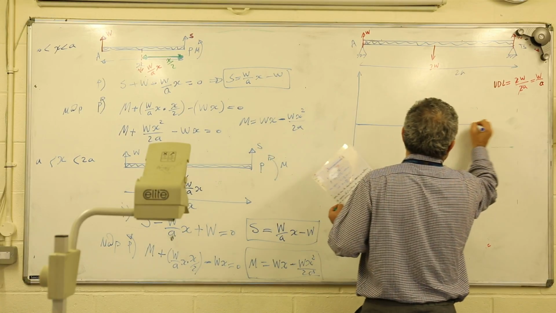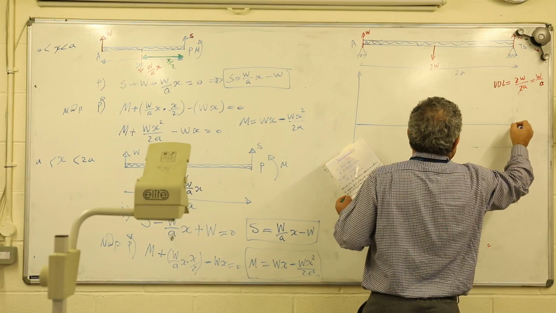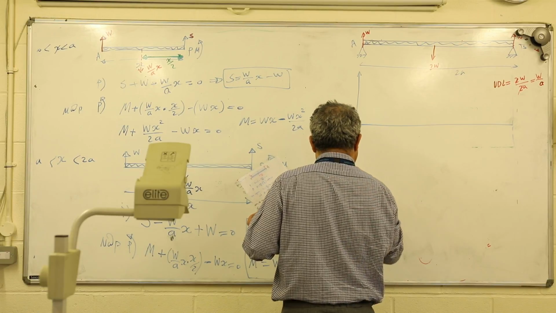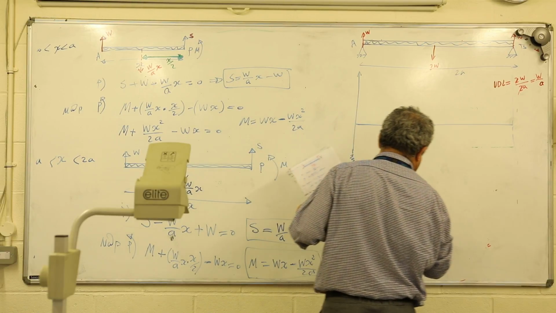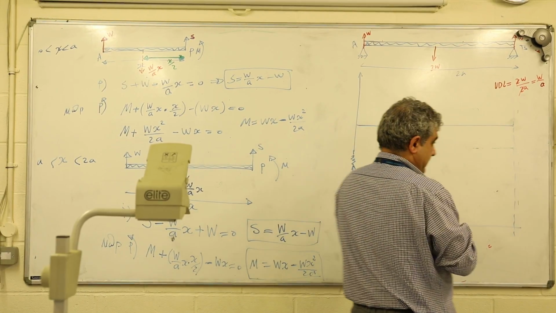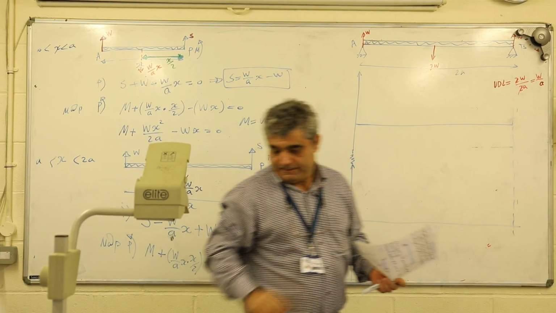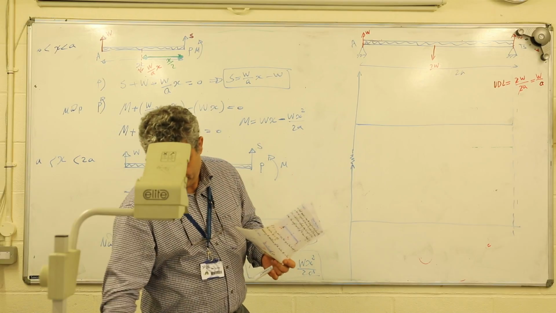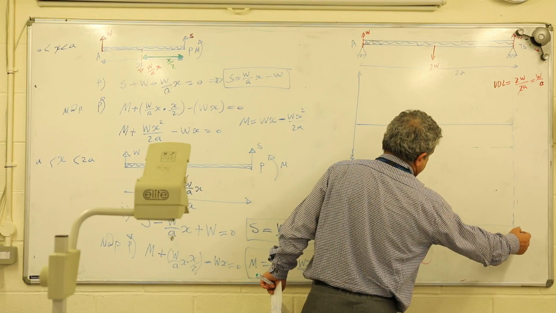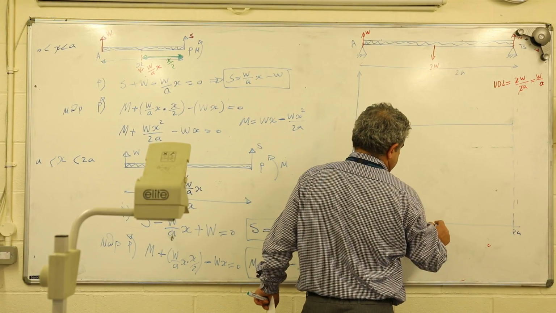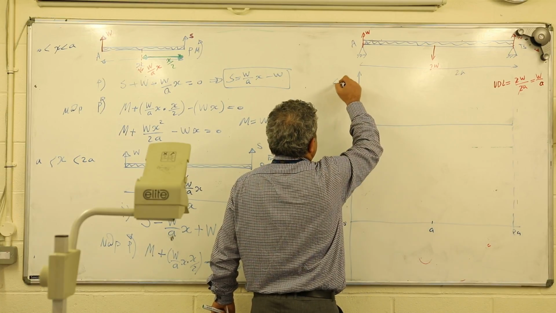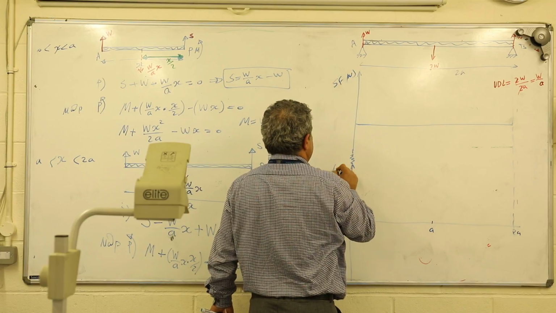This is the shear force. That's the bending moment. Go to the end of the slide. And now, this is 2A, this is A, this is 0, bending moment, that's the shear force, Newton, this one Newton meter.